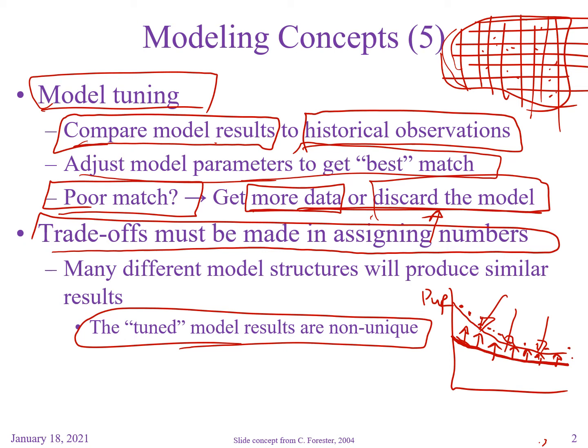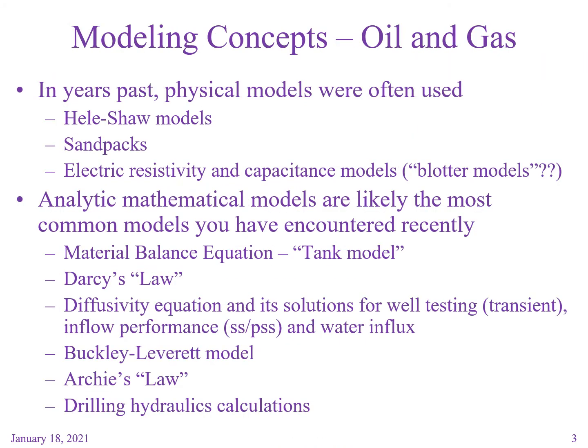And when this happens, the goal is to be able to pick the one that is most realistic. But it is very important to note that the fact that you were able to replicate, to match observed data, does not mean that your model is an exact representation of the subsurface. History matching is non-unique.